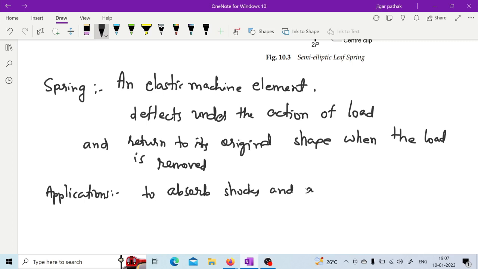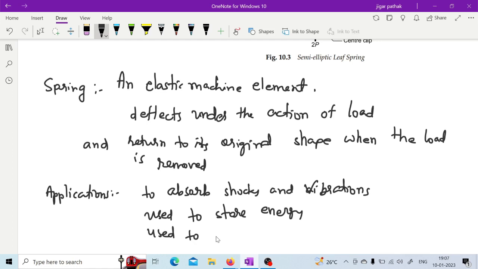It is also used to store energy. It can be used to measure force in a weight balance; you must have seen the spring used to measure force.